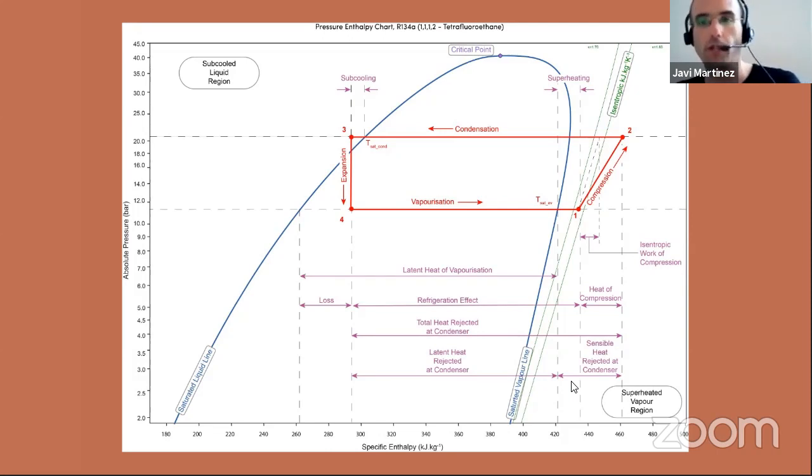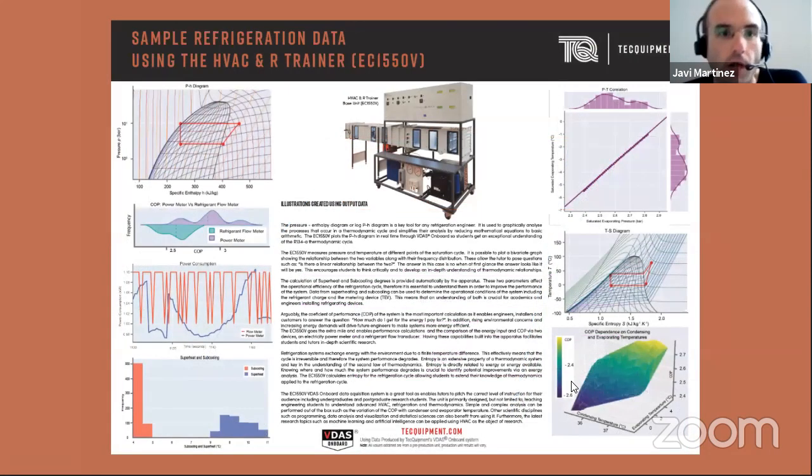So you can pitch it at basic level, understanding the thermodynamics behind the different processes: superheating, subcooling, latent heat, isentropic compression, and then again, you can take it to a different level. For example, same as the psychometric chart, the pH diagram is also plotted in real time through VDAS.